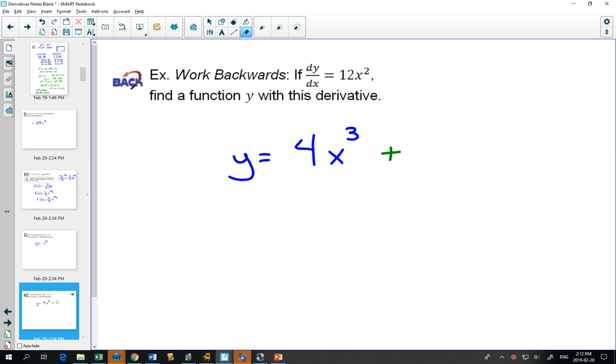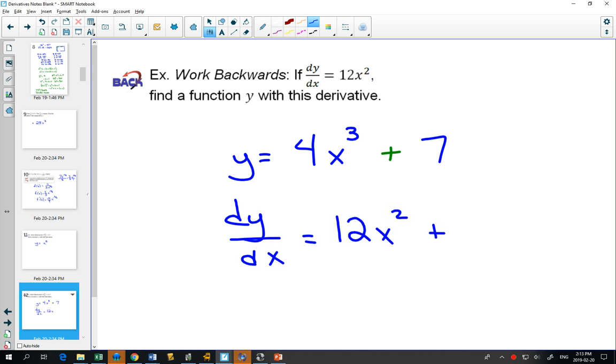And if there was a number here like, oh, Eric, what's your favorite number? 7. If there was a 7 here, what's the derivative of a constant? Derivative of a constant would be 0.